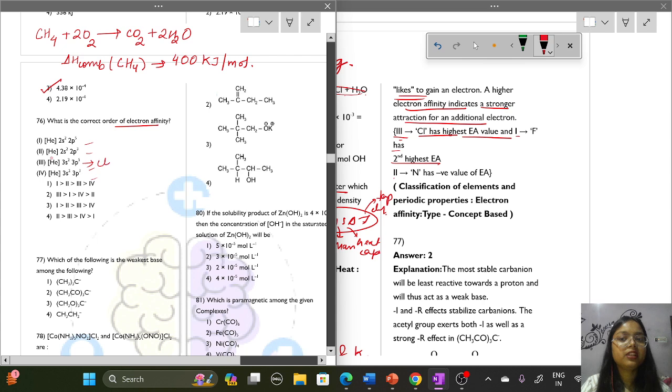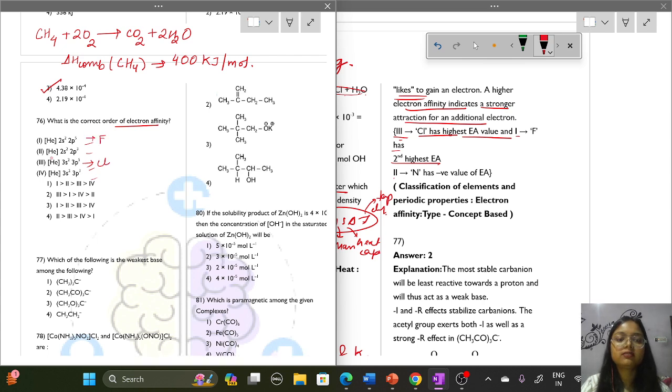So 3 is chlorine, 1 is fluorine, the second is nitrogen, and what is the fourth one? It is 1s2 2s2 2p6 3s2 3p6, which means 18 electrons.